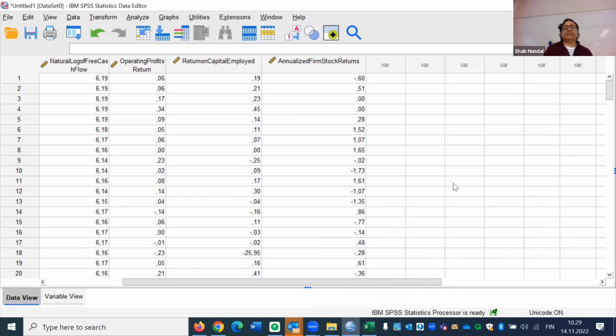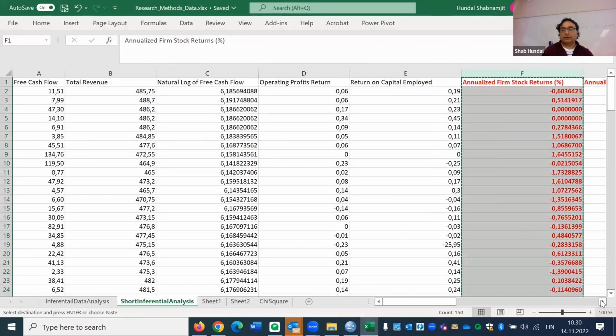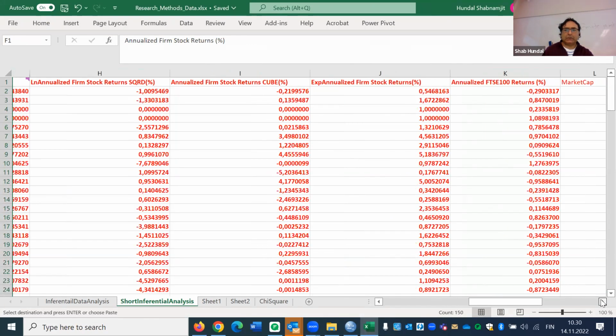Remember, in this workshop, I shall be using the annualized firm stock return as my dependent variable and all others as independent variables. So I would assume that all other variables have an impact on the company's annualized firm stock return. I have some more variables which I can take in this exercise.